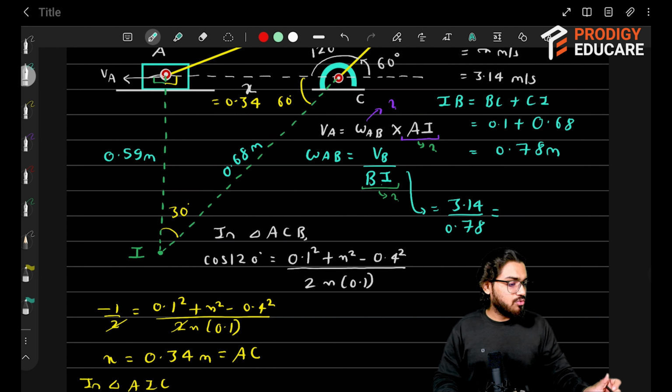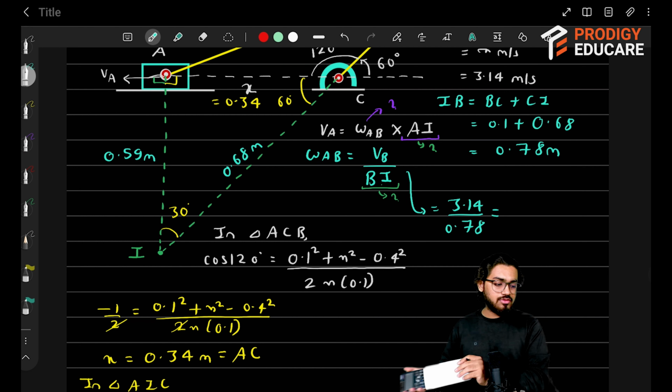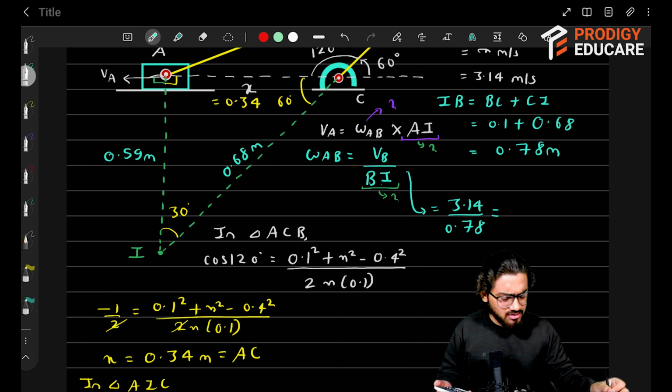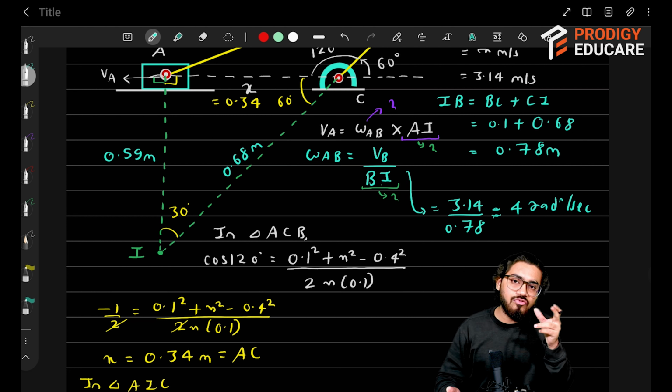So all we have to do is evaluate 3.14 divided by 0.78. I'm using my calculator here. The answer is approximately 4.02, so I'll approximate it as 4 radians per second. This is the value of omega AB, or the angular velocity of rod AB.